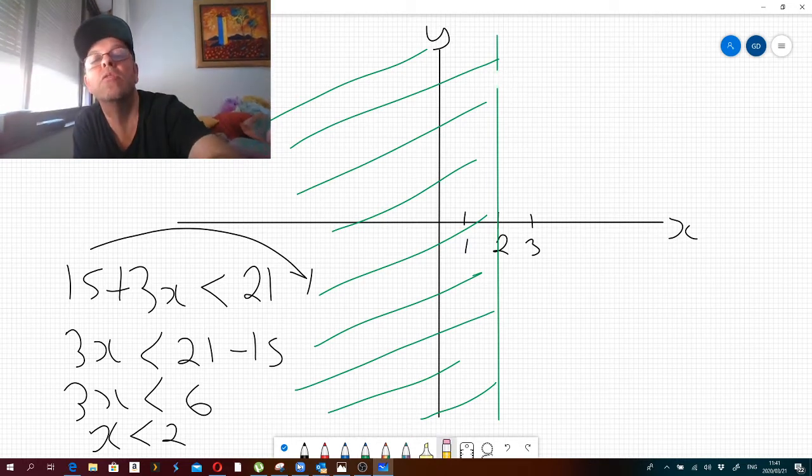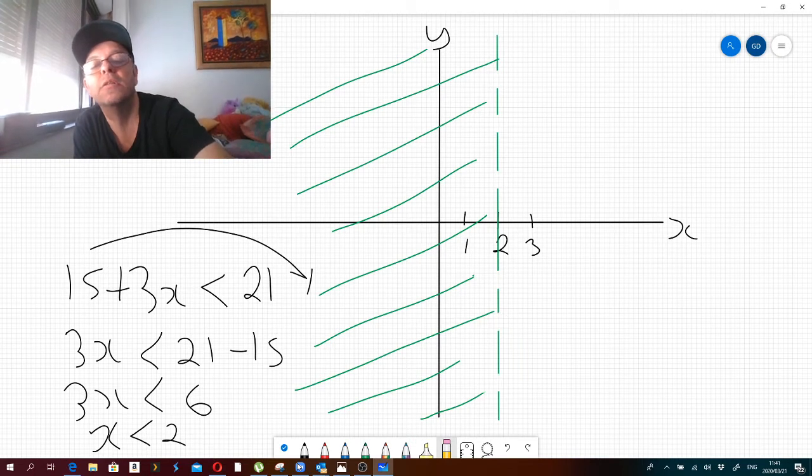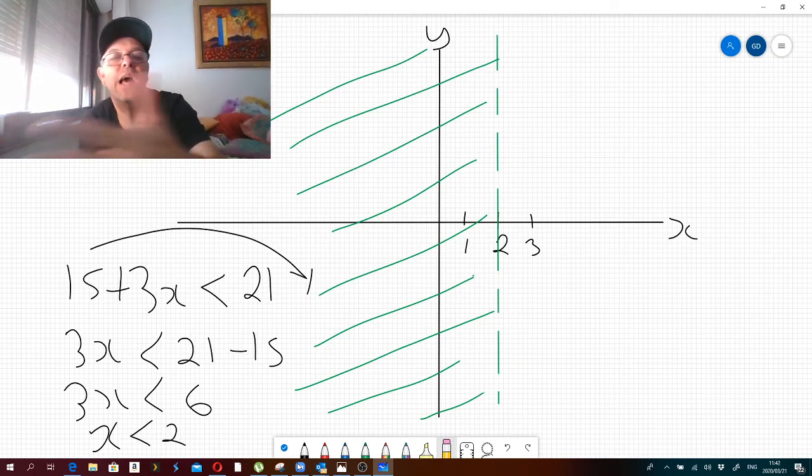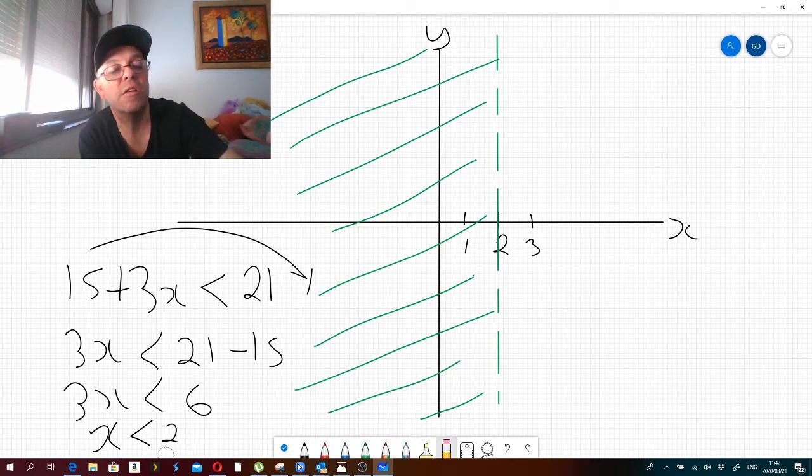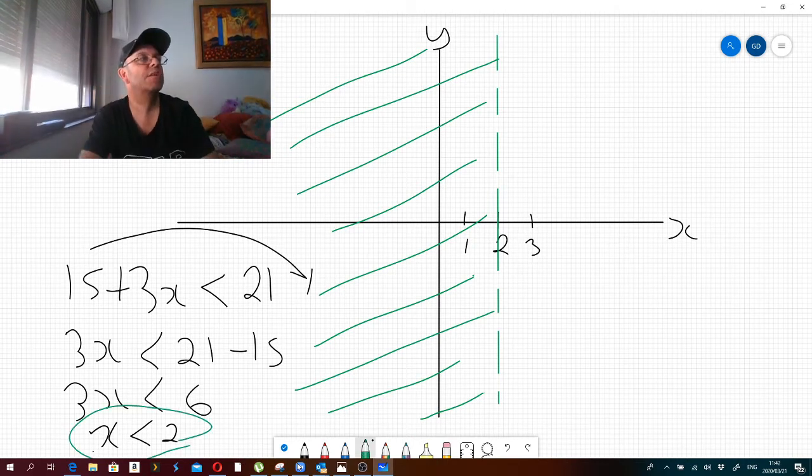So I'm just going to make some holes in our line. Now when I shade everything to the left and I make a dotted line, I have illustrated this inequality. So we've illustrated that now on the graph.